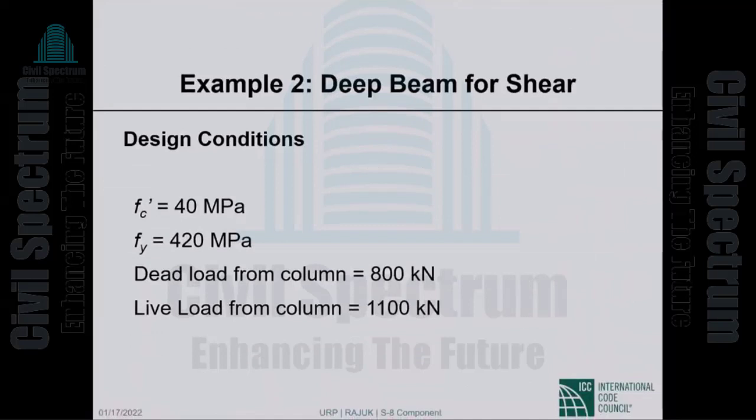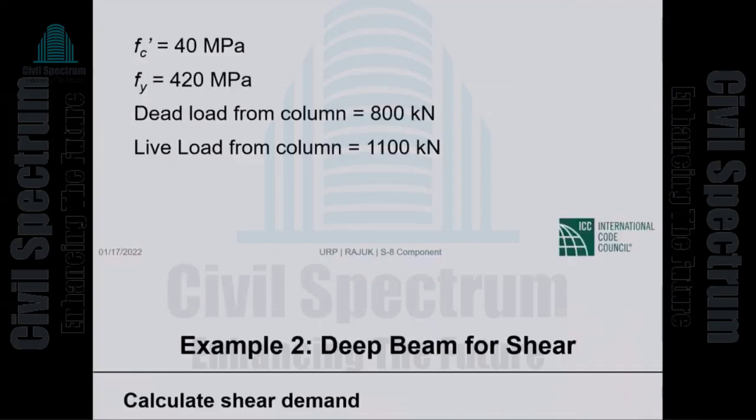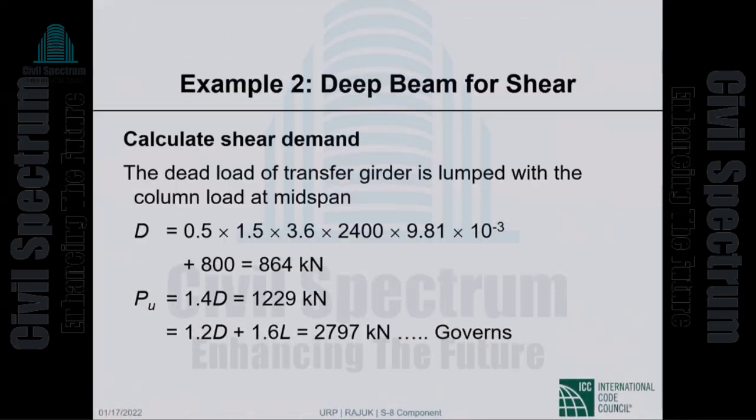F sub C prime, F sub Y. Dead load from the column is 800 kilonewtons, and live load from the column is 1100 kilonewtons. Okay, those are what we are dealing with. So on the transfer girder, the column transfers 800 kilonewtons of dead load and 1100 kilonewtons of live load. The transfer girder itself has a weight.